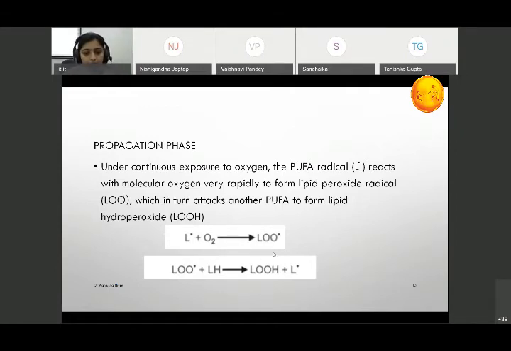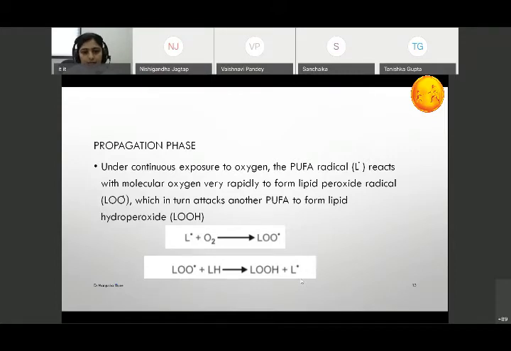Then this lipid peroxide radical will be attacked by another PUFA to form a lipid hydroperoxide, and again a PUFA radical will be formed. Now this PUFA radical is again formed.